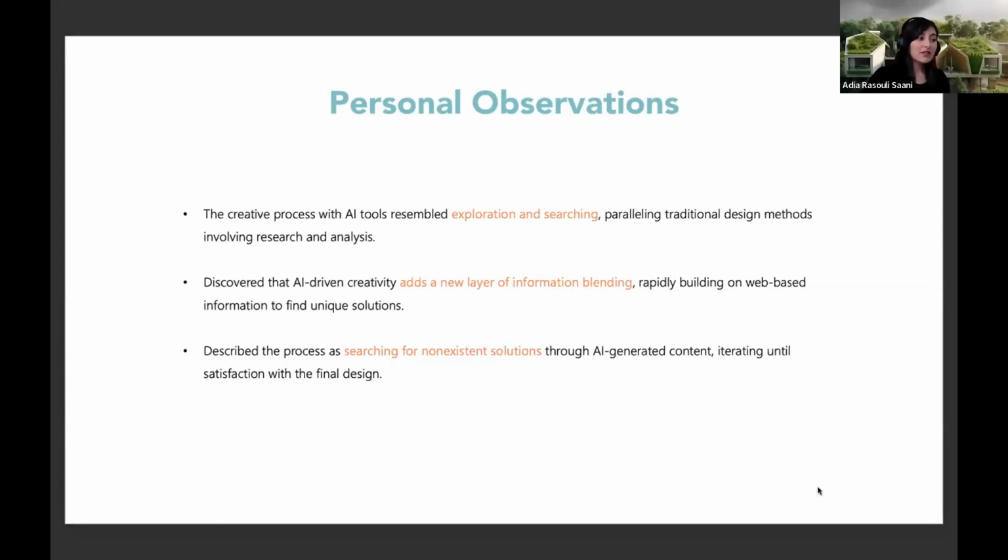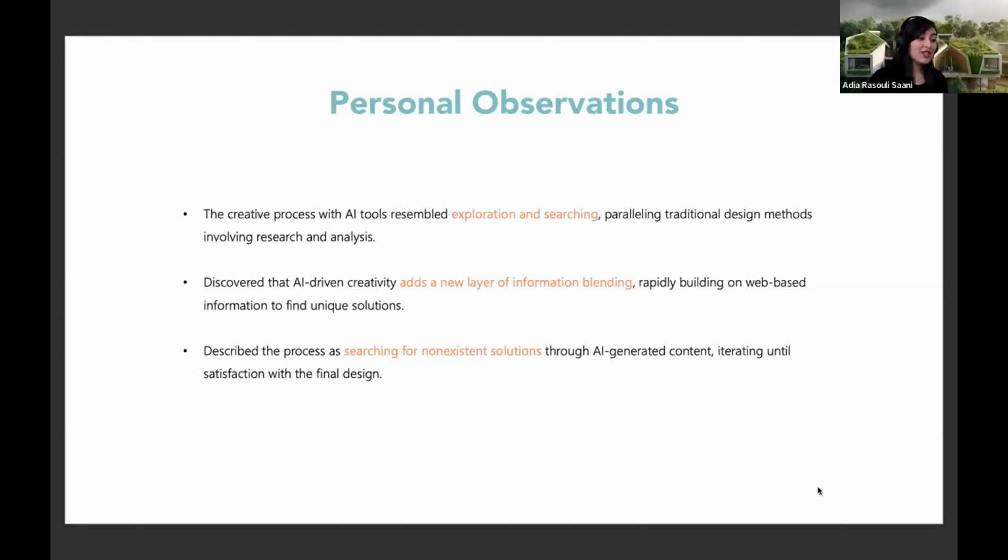I noticed that I still do all those steps. I still do research, I study projects and search on Pinterest. And instead of the process being reduced, it felt like another layer of searching has been added to the whole thing. That is blending information at a very fast speed, as you're directly building on the information on the web instead of creating everything from scratch in a physical form or space.